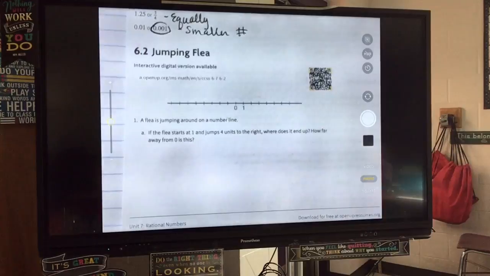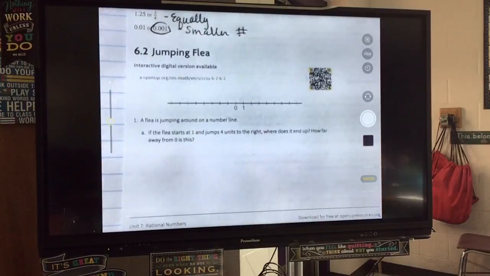Alright, so I want you to essentially do 1A and then stand up when you have that labeled on your number line.